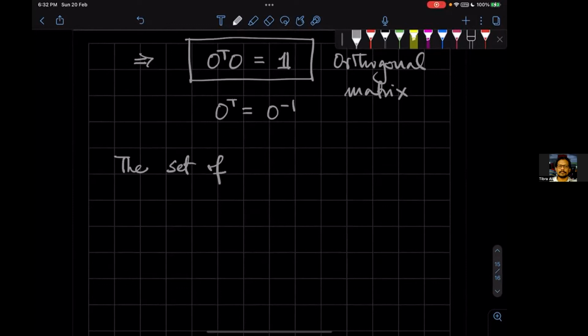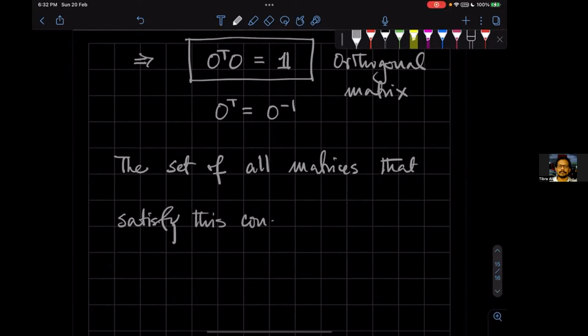The set of all real 3x3 matrices that satisfy this condition form a group.